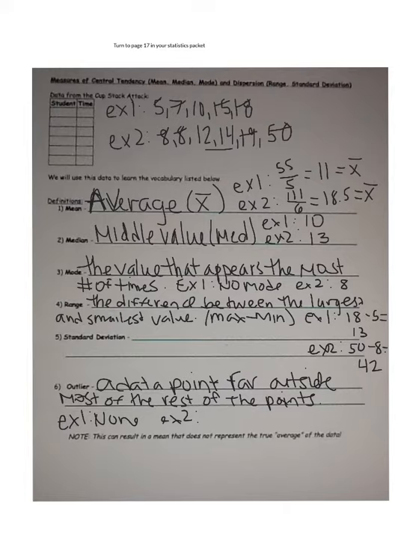So we have all low numbers, and then we have one big number. So the outlier here is going to be 50. Note, this outlier can result in a mean that does not represent the true average of the data. So when there's an outlier as part of your set, sometimes your mean will not be the true average.